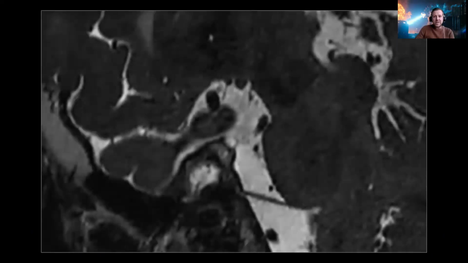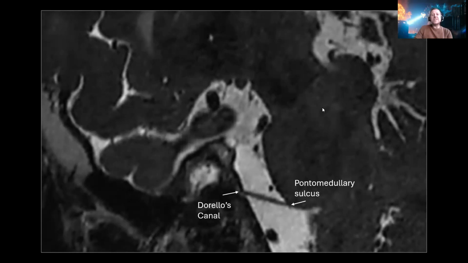What is Dorello's canal? Well, let's first look at this parasagittal reconstruction I made to show you the course of the abducens nerve in one image. Here we see it exiting the pontomedullary junction, and here we see it entering Dorello's canal.